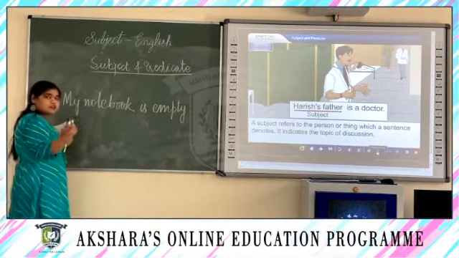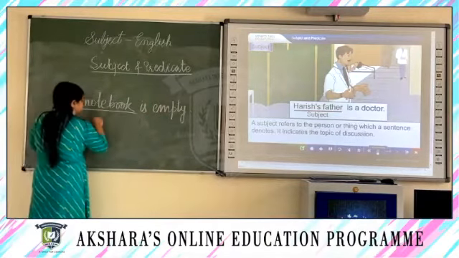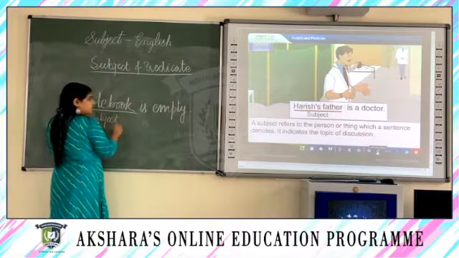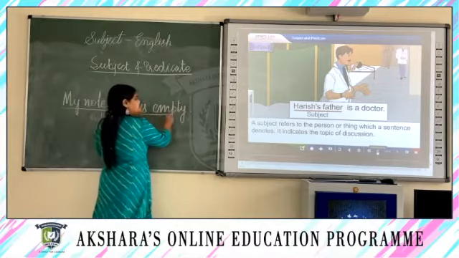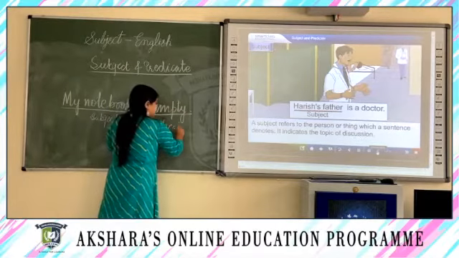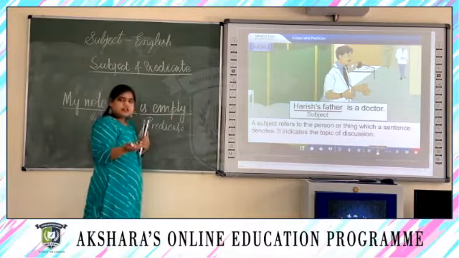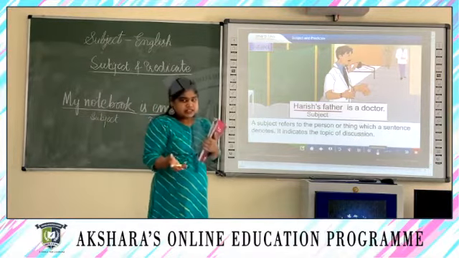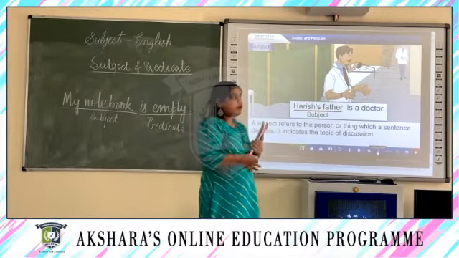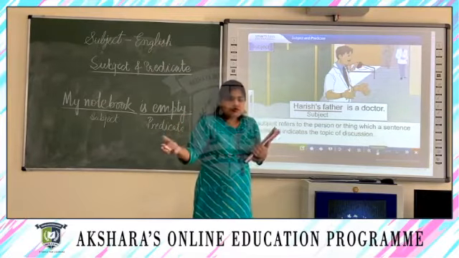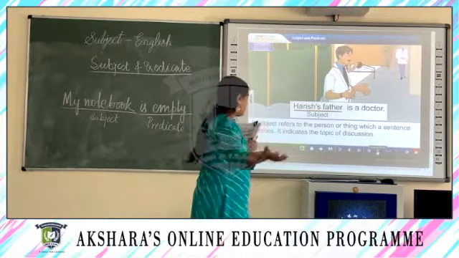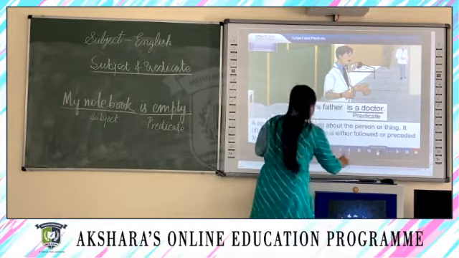We are talking about my notebook. This is the subject. And what is the minor detail about the notebook? That it is empty. So it becomes the predicate. So that is clear now, that the subject can be either a living thing or a non-living thing. It can also be an animal, or anything around you: bench, duster, book, chalk, anything. So let's move on to the predicate.